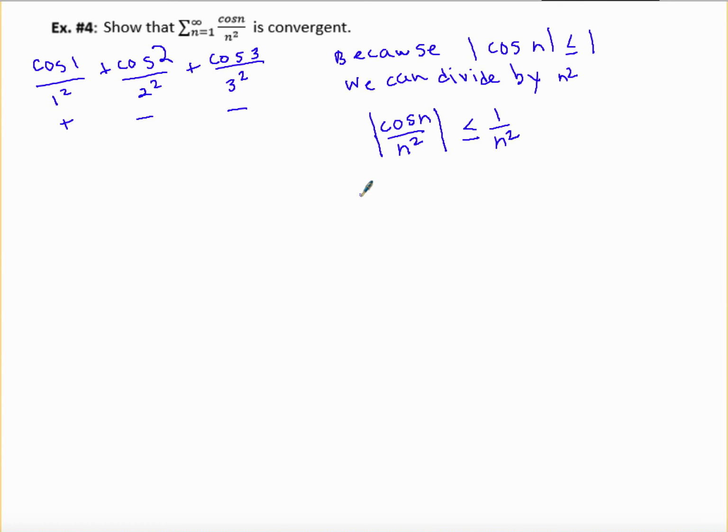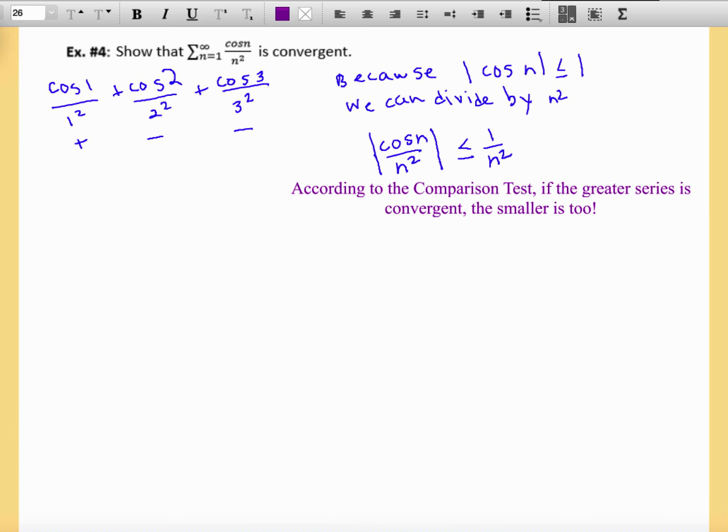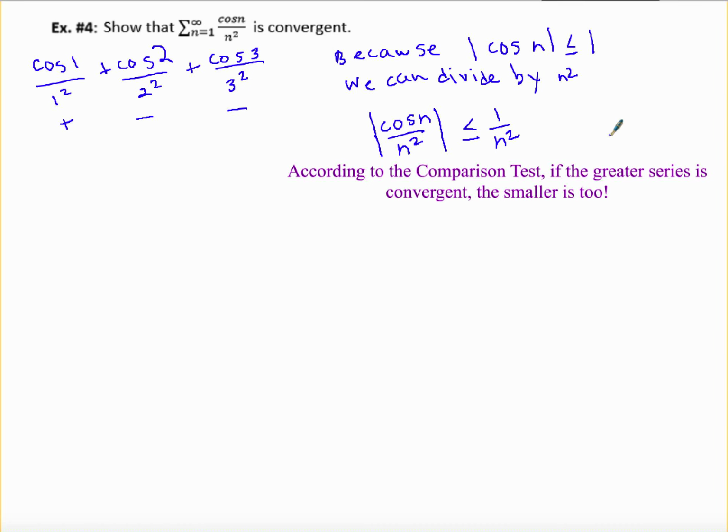So according to the comparison test, if the greater series is convergent, the smaller one is too. So what I really want to do now is check out this greater series and see if that converges. Because if I can get that to converge, then I'm going to be able to prove that the smaller one, the absolute value of the cosine of n divided by n squared, is going to converge as well.